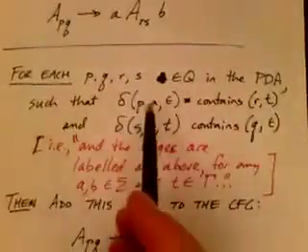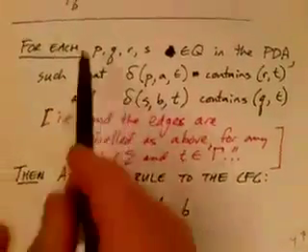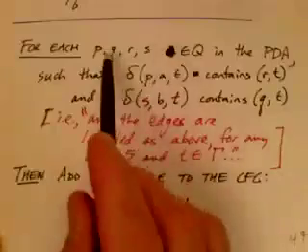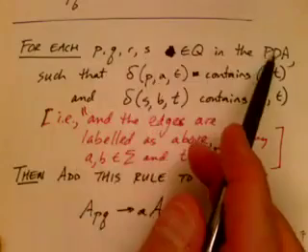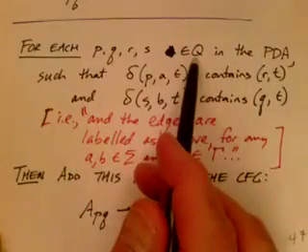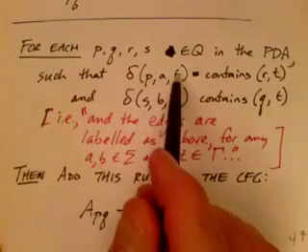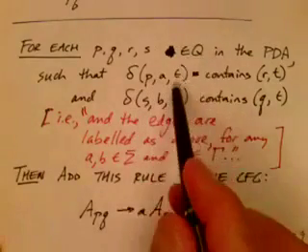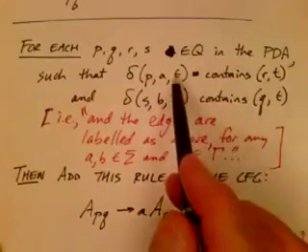Here's a more formal way to say that exact same thing. For every set of states, P, Q, R, and S, in the pushdown automaton, such that, and this is essentially saying that we've got a push edge from P to R, okay?